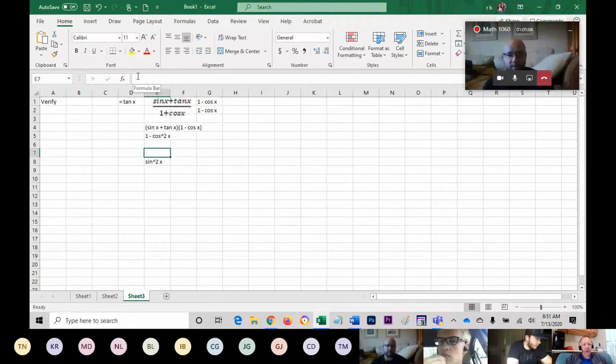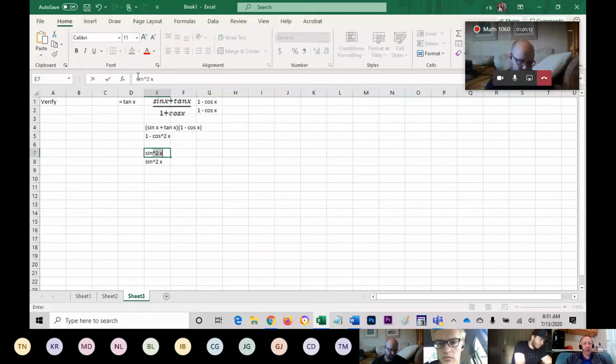Okay. So that would be, let's see, hold on. So sine of x times 1 is sine of x. Sine of x times negative cosine of x is negative sine of x cosine of x.